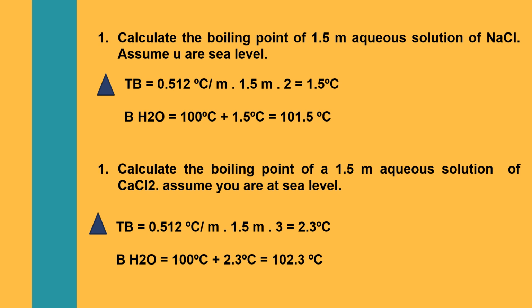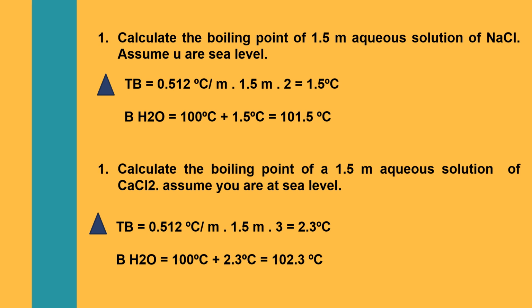This isn't our final answer. This is just the change in the boiling point of the solution. We know that water normally boils at 100 degrees Celsius at sea level, so we need to add this 1.5 to it, and we will end up with 101.5 degrees Celsius.